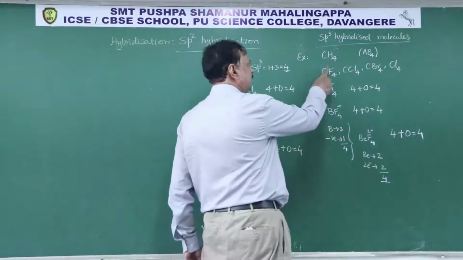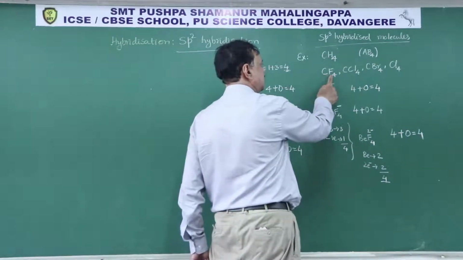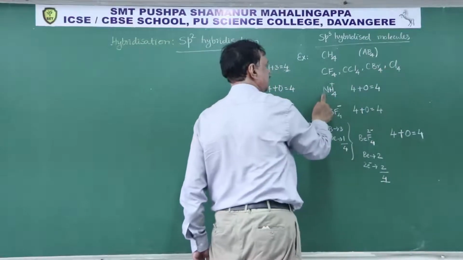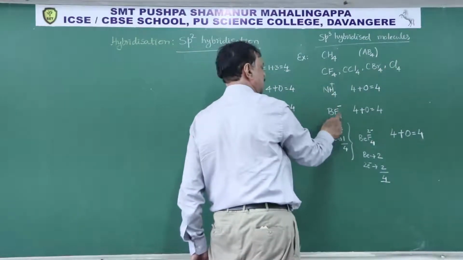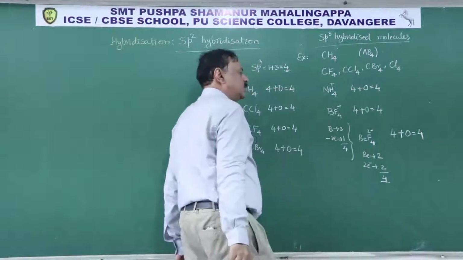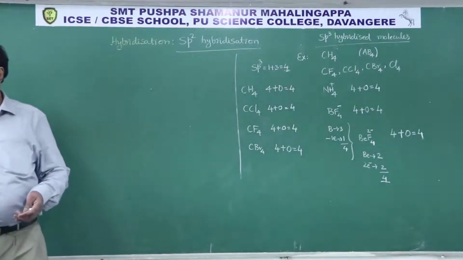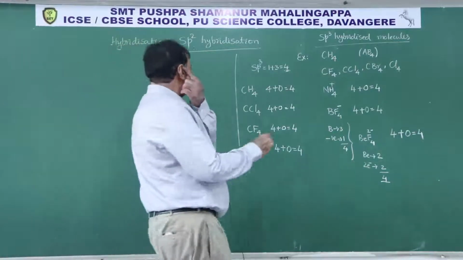Your answer would be either CH4 or CF4 or CCl4 or CBr4 or CI4 or NH4 plus or BF4 minus or BeF4 2 minus. These molecules exhibit sp3 hybridization.